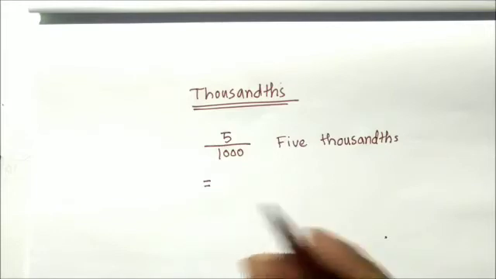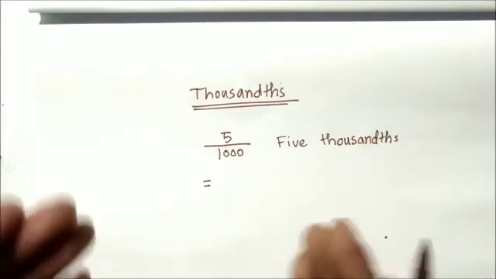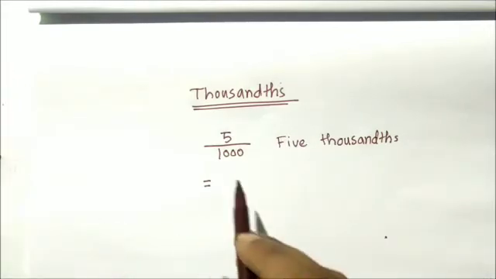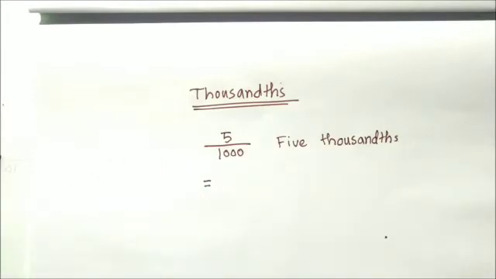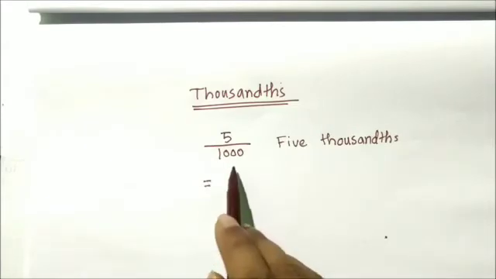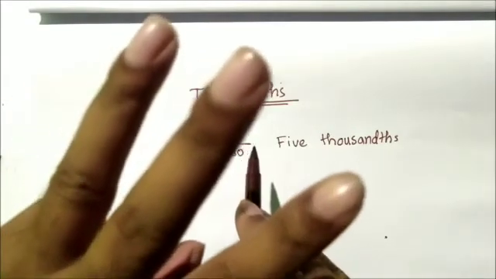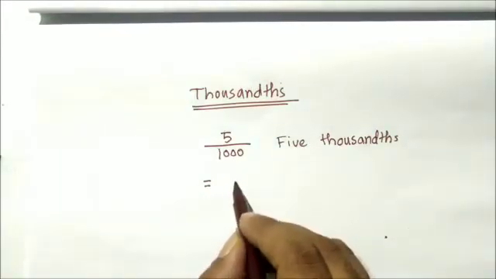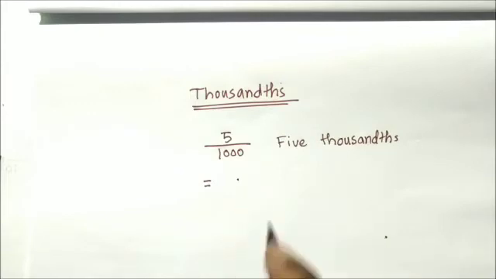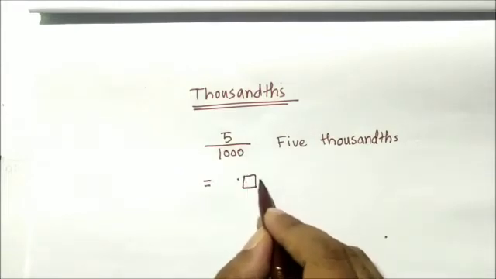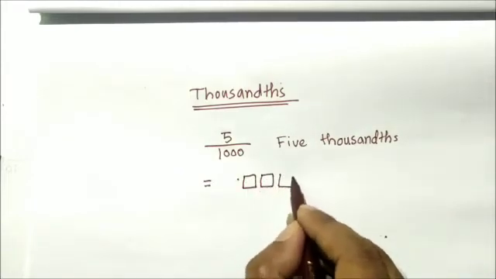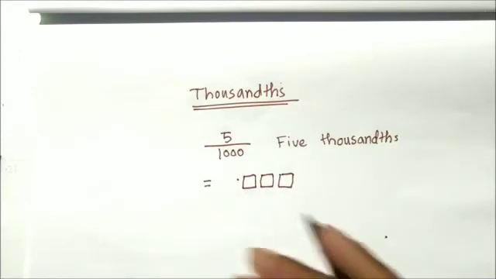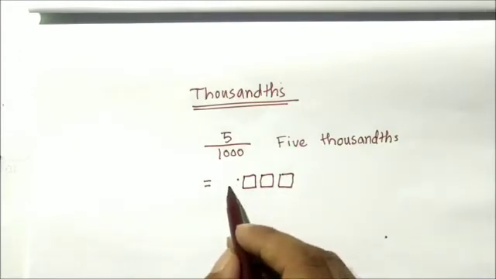Now you see, recently I told you that you need to observe how many zeros are here. How many zeros are here? You will say, sir, 3 zeros. Correct? So definitely after the point we must keep 3 places. And before the point you have 0.